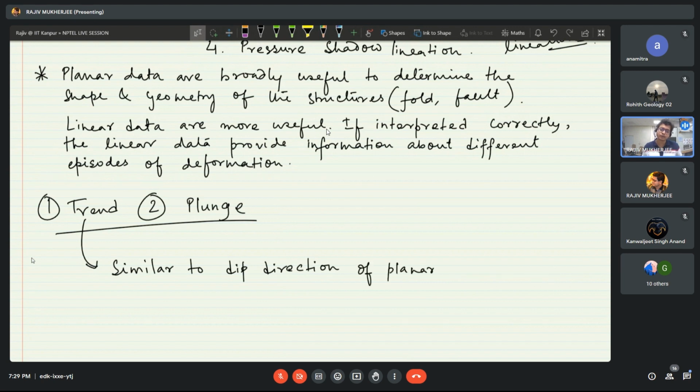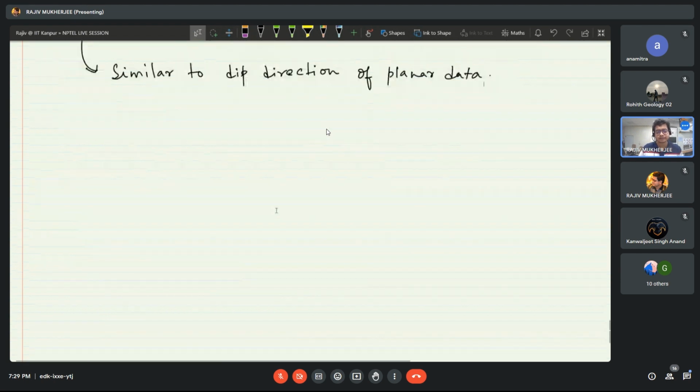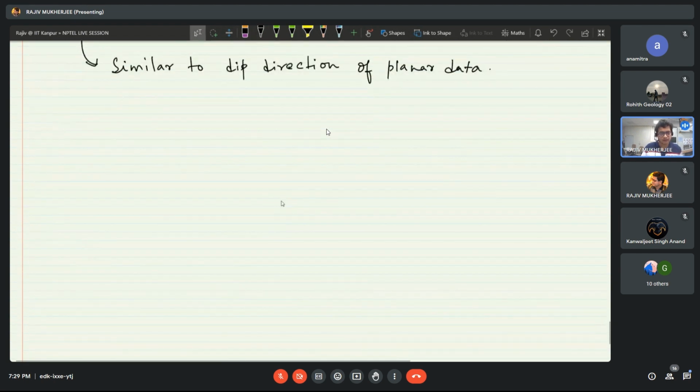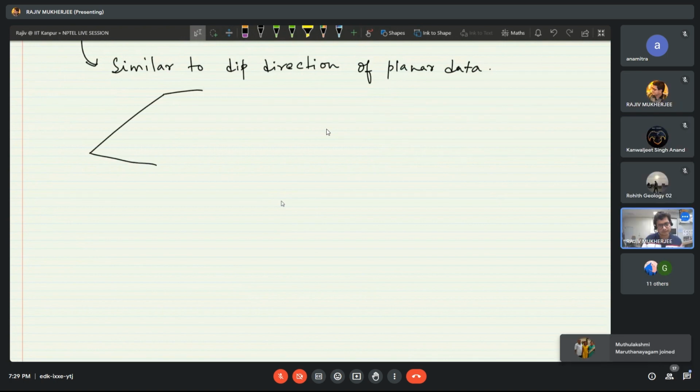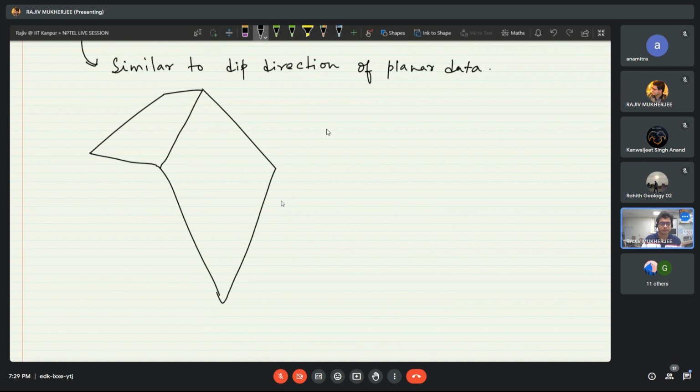It is almost similar to what we know as the dip direction of a plane, right? How come? Now let us consider this is a plane, right? And we have a line. So this is our lineation.